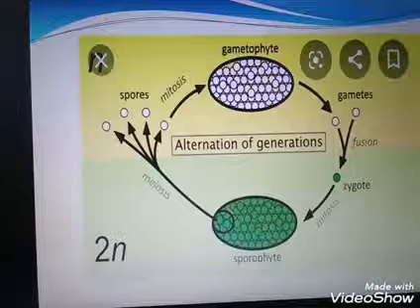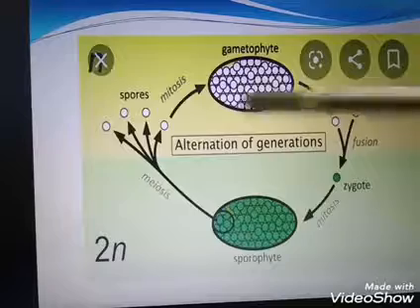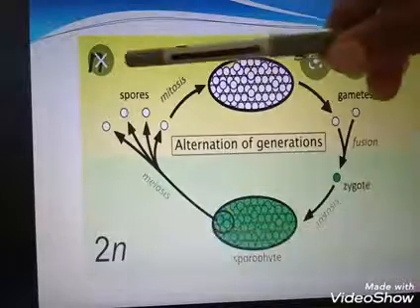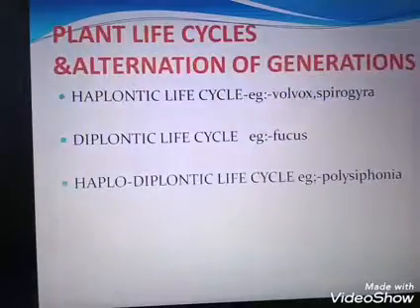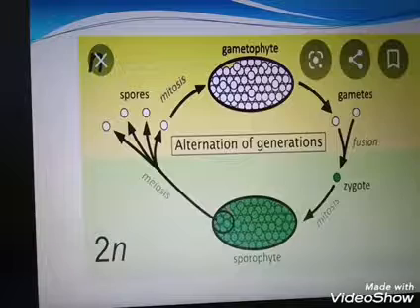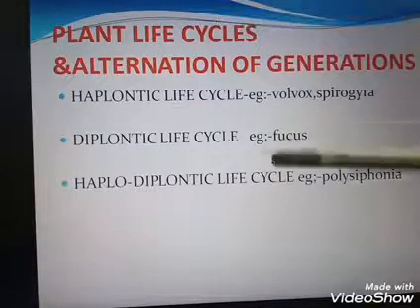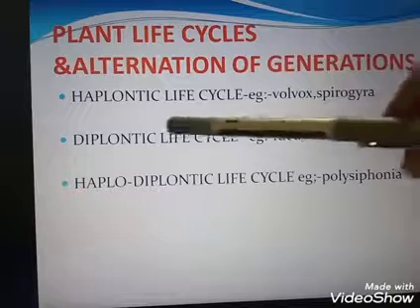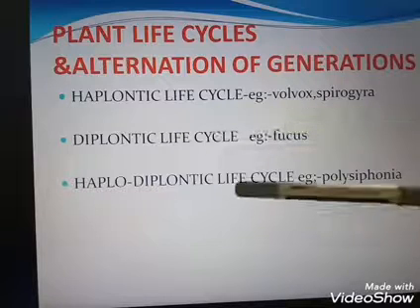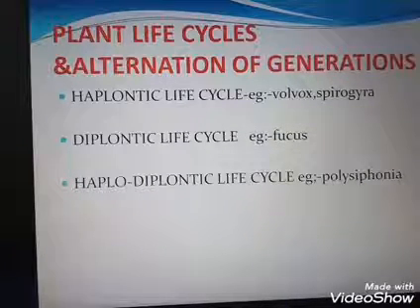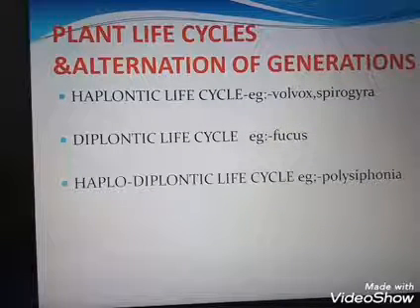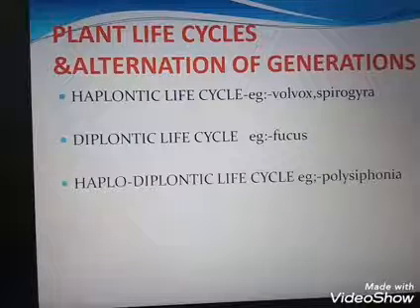Here the predominant phase is 2n, and here it is n condition. So mainly the plant life cycles are classified into three types. Here I wrote only one example. The textbook has so many examples, so study all the examples.